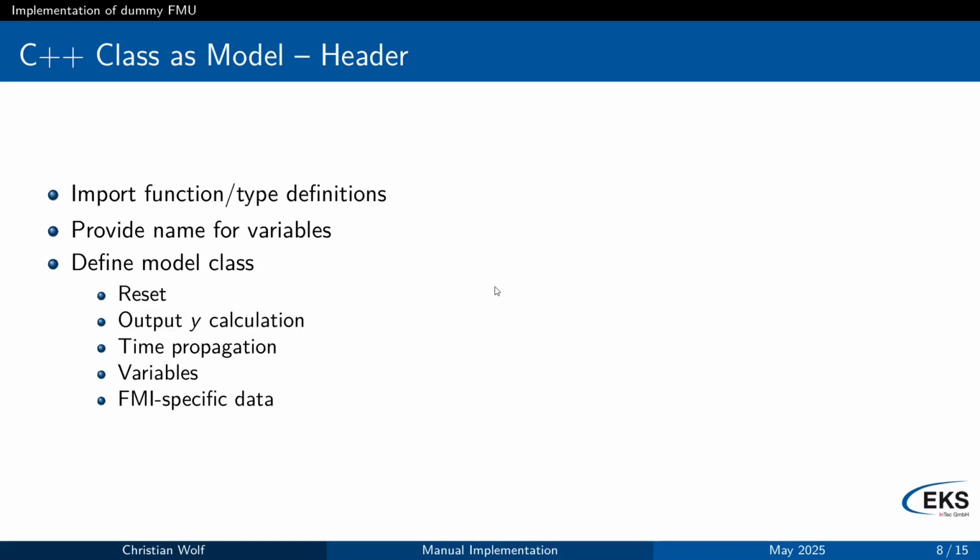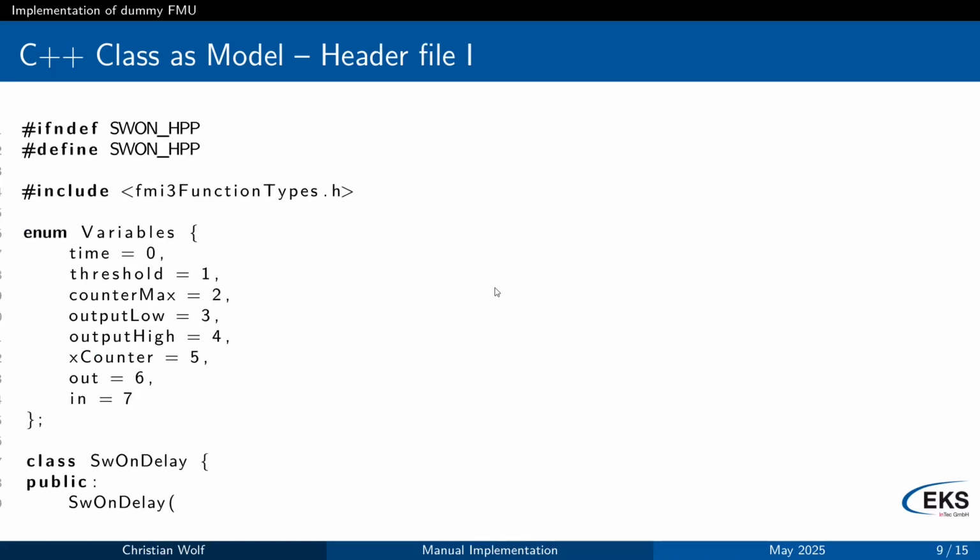Let's look at how this could look in reality. So you have the header protection, more or less. You include the FMI types. This is this BSD kind of header that we can use. Then this enum is just a mapping, as I said, to address these value references.